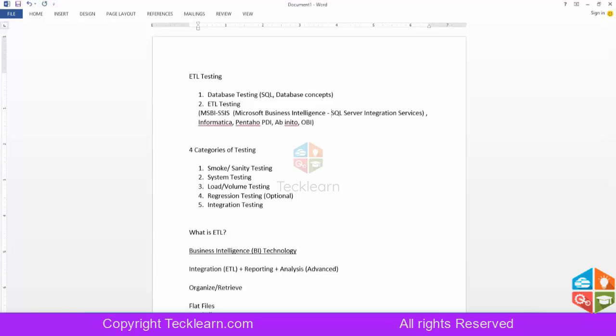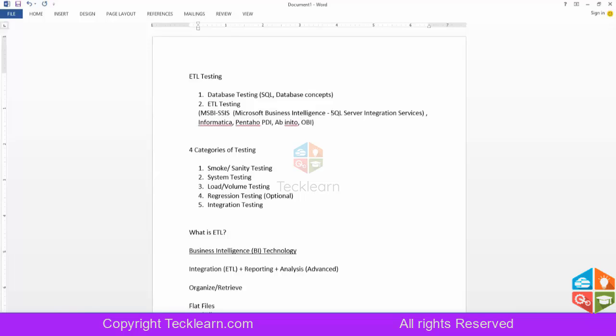But what is majorly being used in industry? If I have to position, number one will go to Informatica, then number two to MSBI, then three to Pentaho, OBI, Ab Initio, all these tools. So you need tool understanding also.